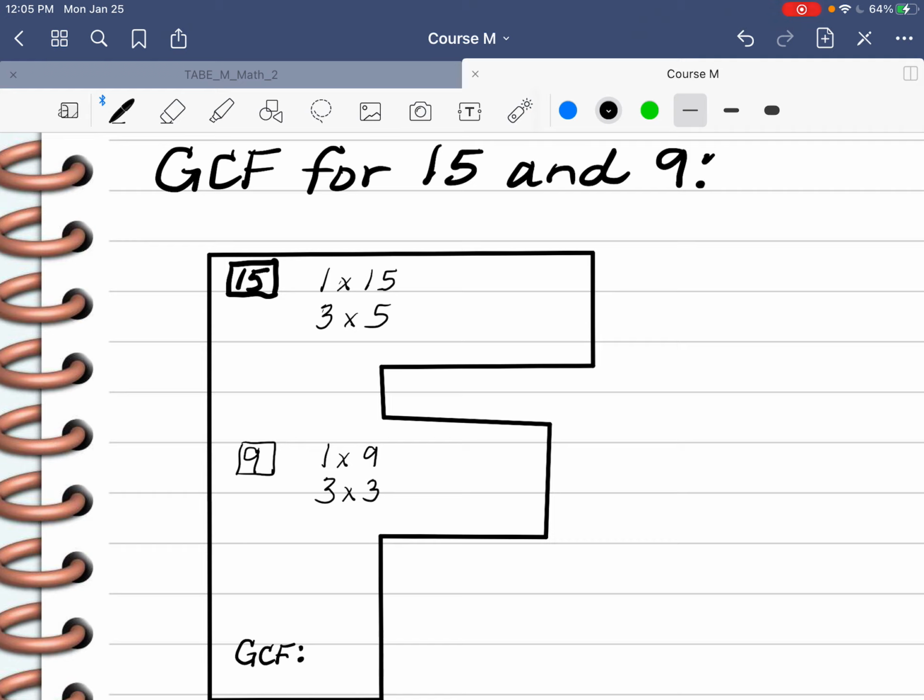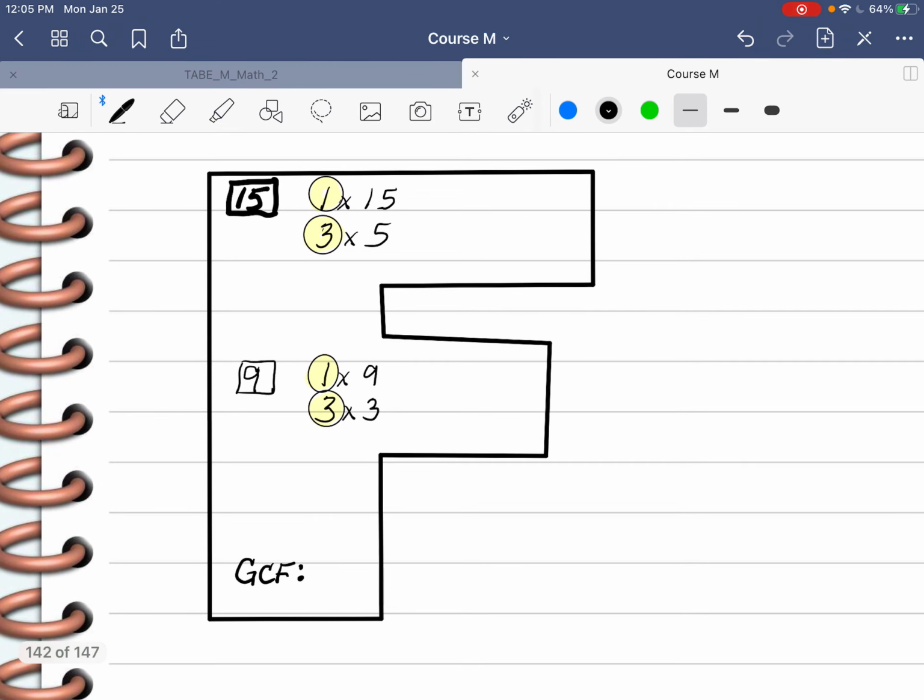And then you will circle your common factors. They both have a 1. That will always be true. And then they both have a 3. So those are the factors that they share, the common factors. So of those, the greatest common factor is 3.